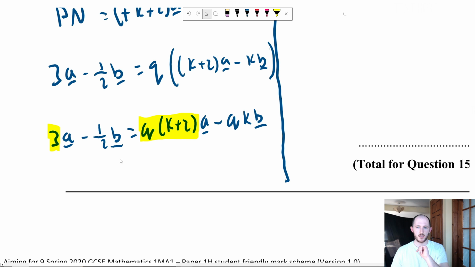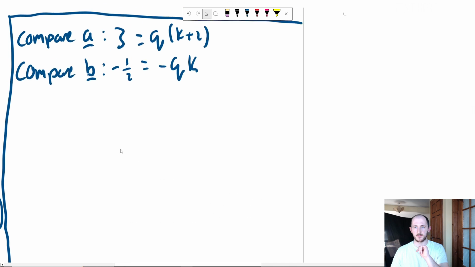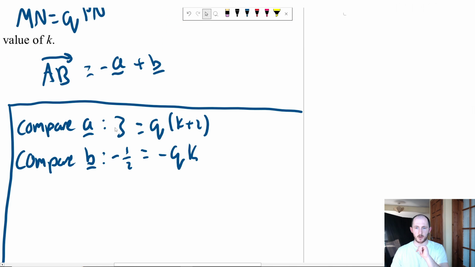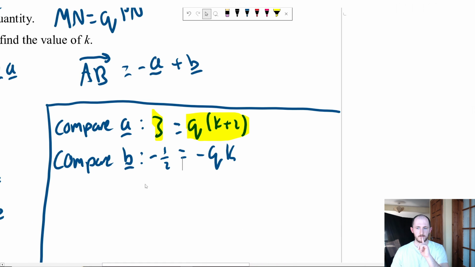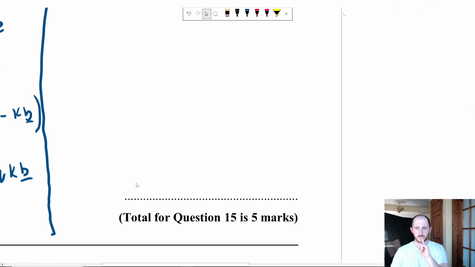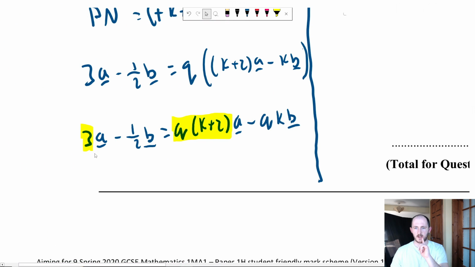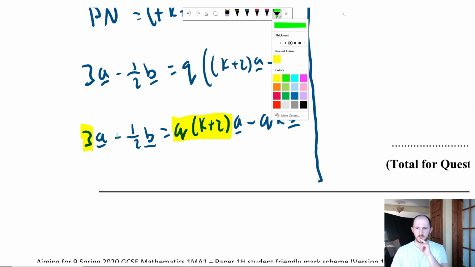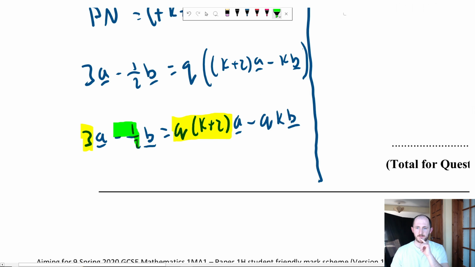Cool. So that's all I've written up here. I've written that both of those sides should be equal to each other. So the 3 on the left-hand side is equal to the q(k plus 2) on the other side. Okay. The next line down, again, use a green line. The stuff in front of B should equal the stuff in front of B here.